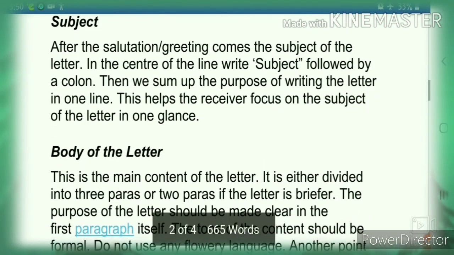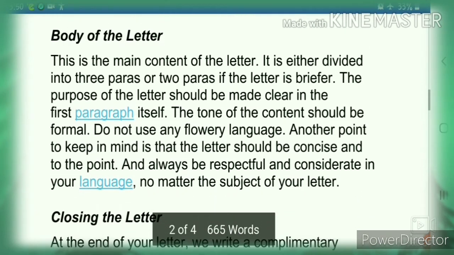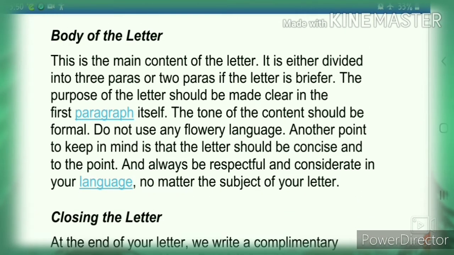After the subject comes the body of the letter. This is the main content of the letter. It is either divided into 3 paras or 2 paras. If the letter is brief, the purpose of the letter should be made clear in the first paragraph itself. The tone of the content should be formal.